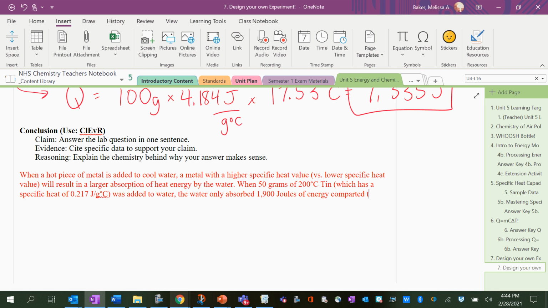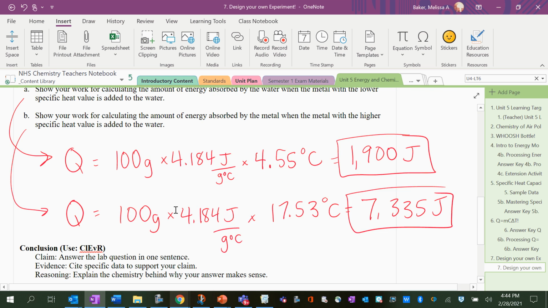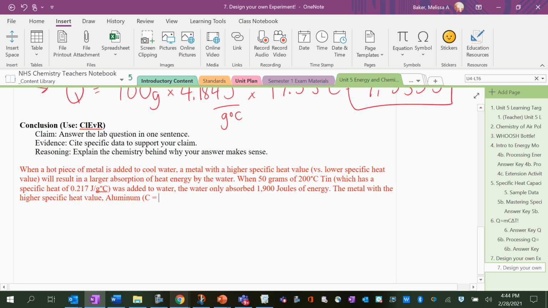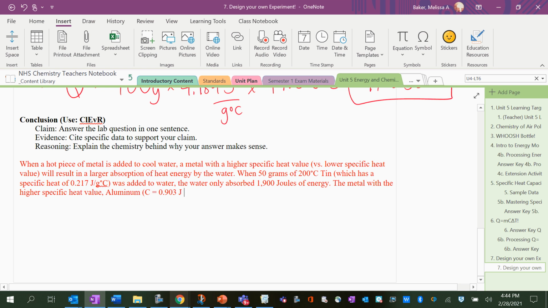compared to when 50 grams of the metal with the higher specific heat value, aluminum, specific heat equals 0.903 joules per gram degrees Celsius.